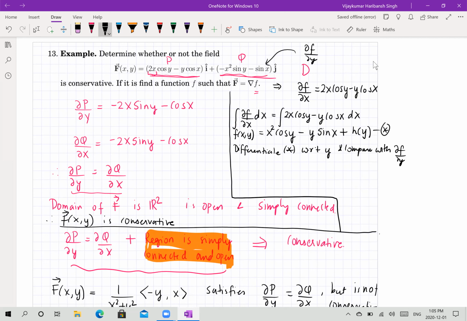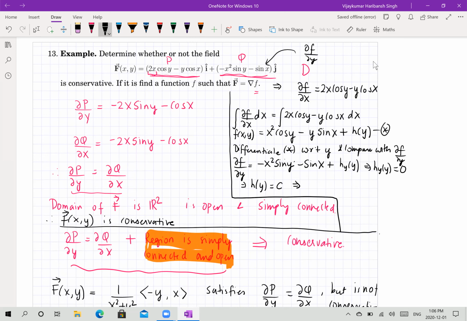If you differentiate star with respect to y, we get ∂f/∂y equals minus x squared sin y, since x squared remains as it is and the derivative of cos y is minus sin y, minus sin x plus h'(y). This implies h'(y) equals 0. So the derivative of h(y) with respect to y is 0, which means h(y) equals c, some constant.